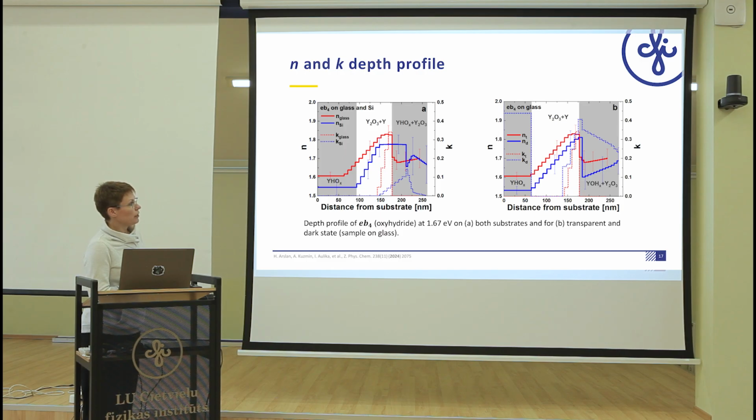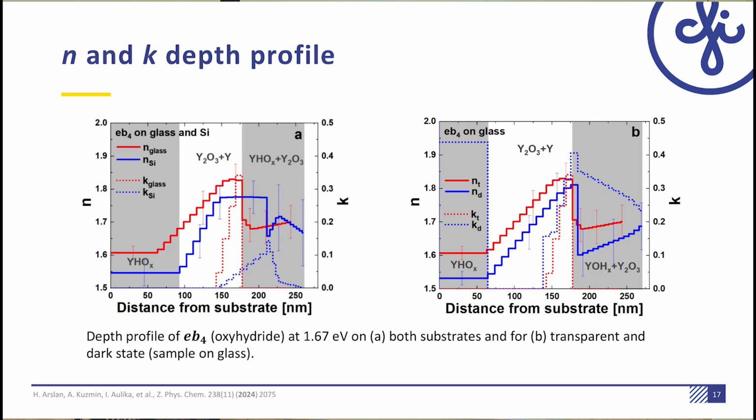On the right, on this graph over here, you can see the first evidence of gradient behavior emerging under UV irradiation. The red curves are for the yttrium hydroxide which is not illuminated with UV light.